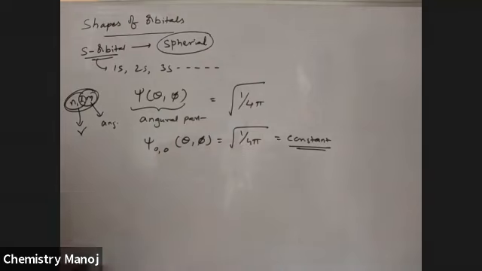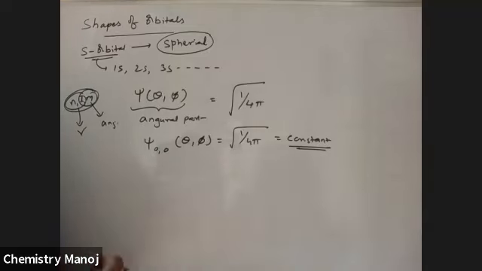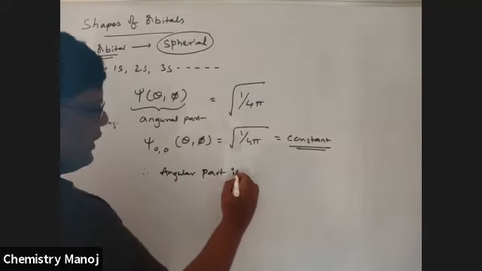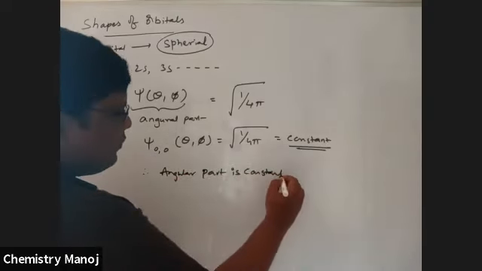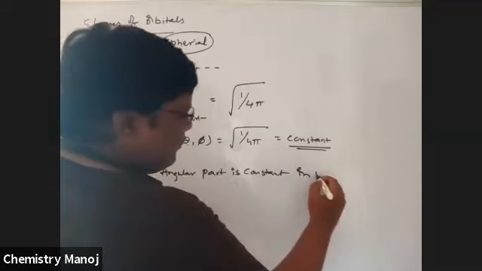That means at any angle the radial property is the same. Therefore, the angular part is a constant in the wave function.